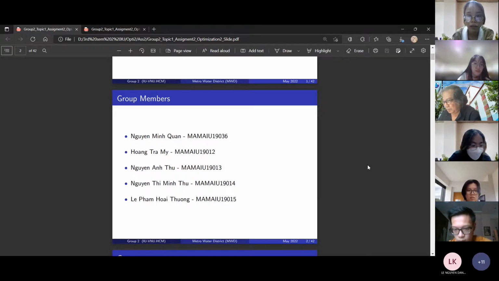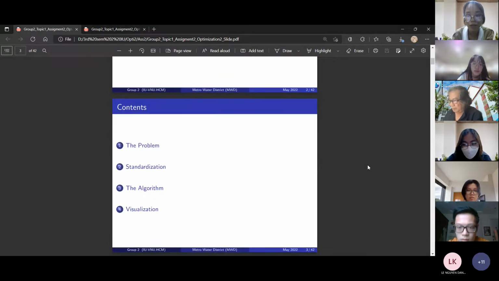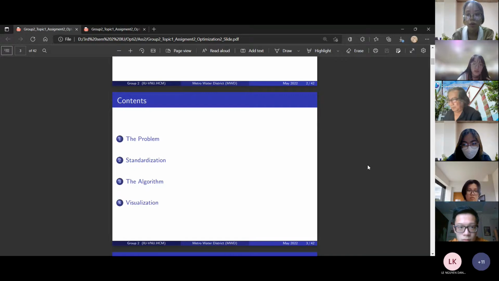Our presentation will be delivered in 4 sections. We will first describe the problem in general form, then standardize it before applying the streamlined Simplex algorithm to arrive at the optimal solution. Next slide.